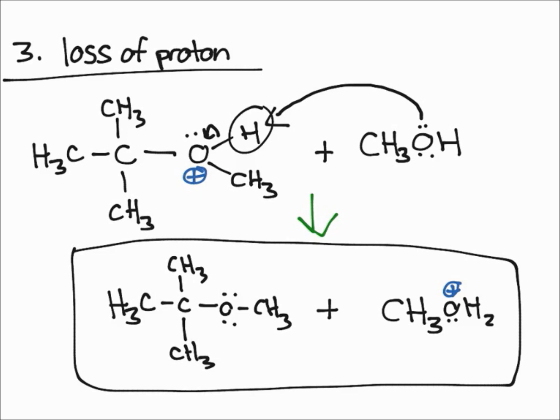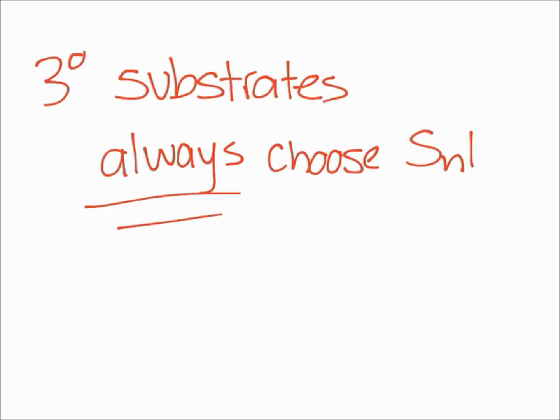It was deduced after many experiments. And finally, the most important thing to remember: tertiary substrates always choose the SN1 mechanism. Let me explain that. Tertiary substrates, which means a carbon bonded to three other carbons and a leaving group, will always choose this because a carbocation that is formed, a tertiary carbocation, is relatively stable.